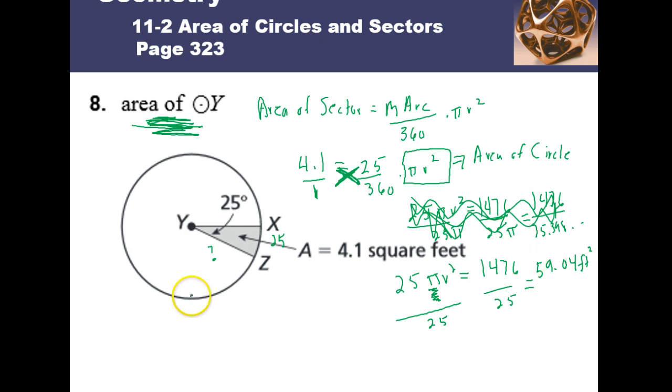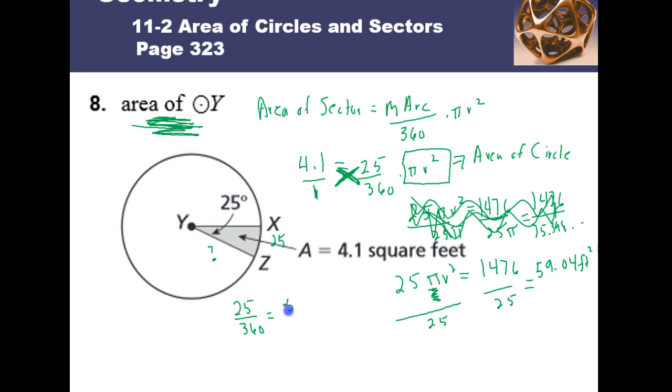Now, another way to think about it is that this is 25 degrees of the circle, right? And there are 360 degrees in a circle. So if I do 25 divided by 360, and then make it a fraction, I get 5/72.